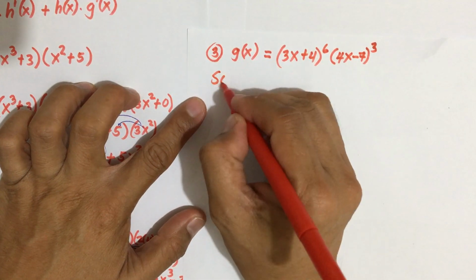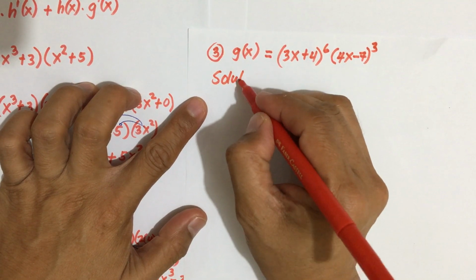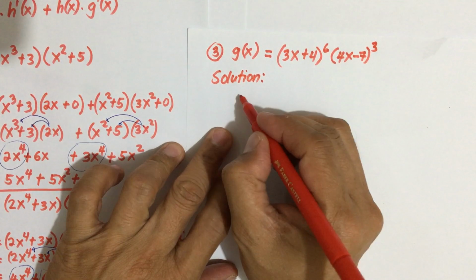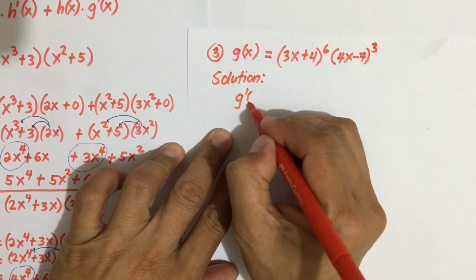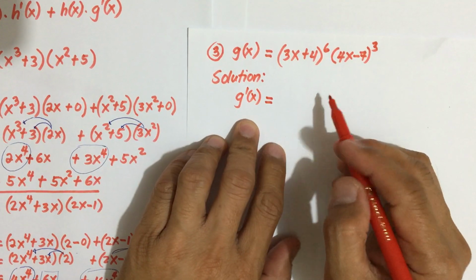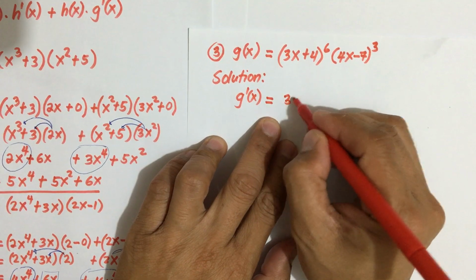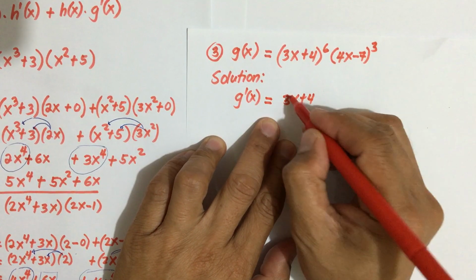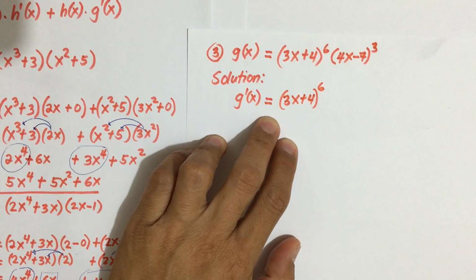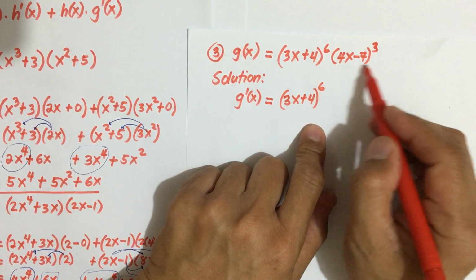Right, so let's apply our product rule. So we have g prime of x, or the derivative, is equal to, the rule says that we just copy this first factor. So we have 3x plus 4 raised to a power 6, then multiplied by the derivative of this.